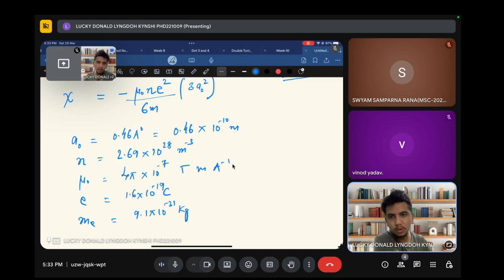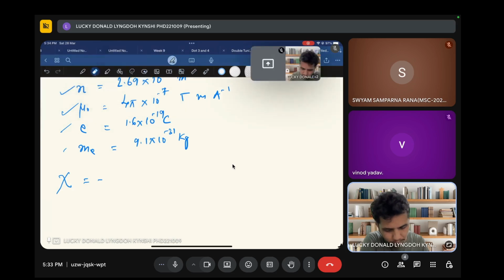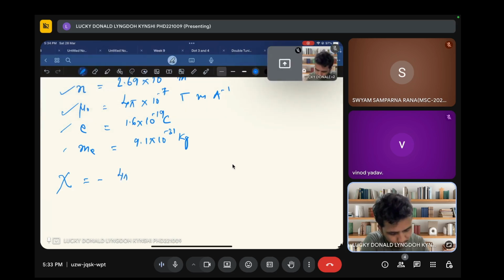So if you substitute all these values, a naught, N, mu naught, e, m e, what will happen? Psi, which is negative, you will get 4 pi into 10 to the power minus of 7, one thing.